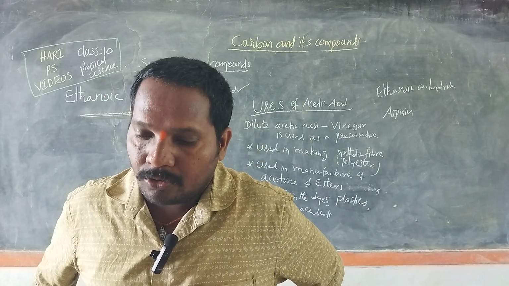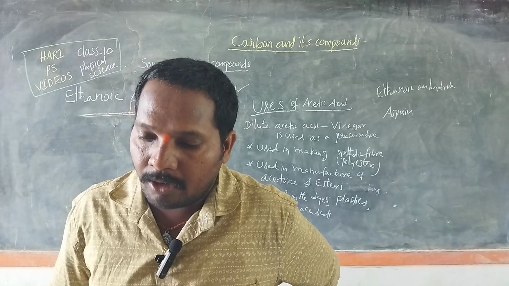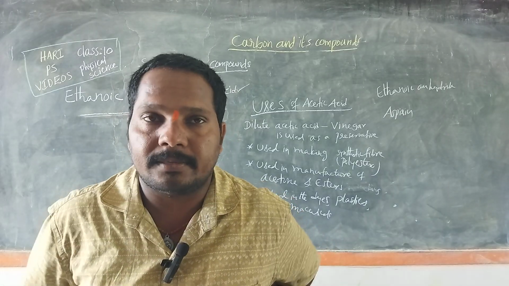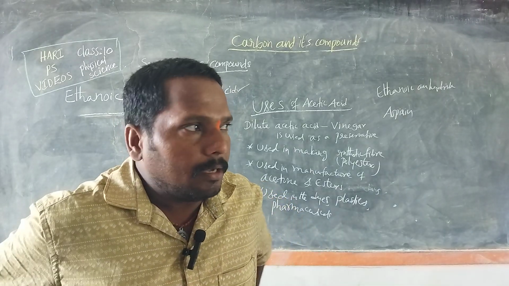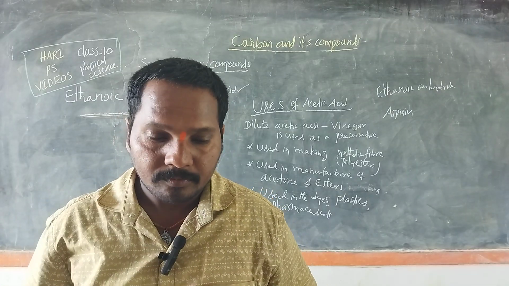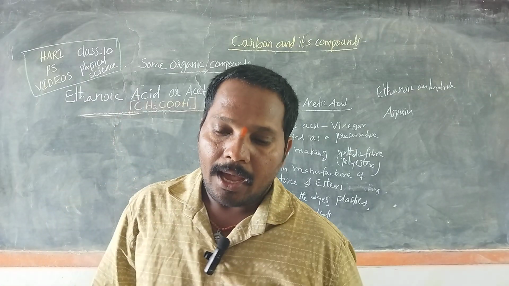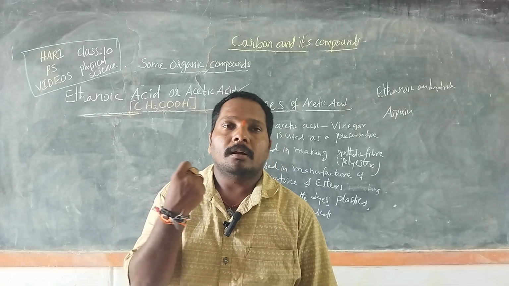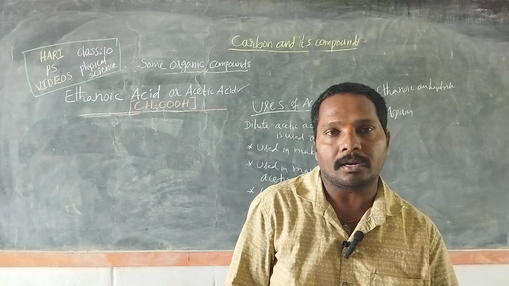Ethanoic acid is also used to coagulate rubber from latex. So it may also be used in the manufacturing of rubber, and it has some harmful effects also.